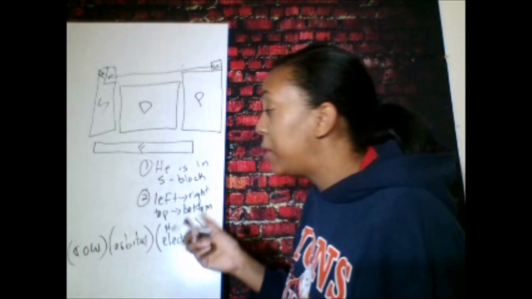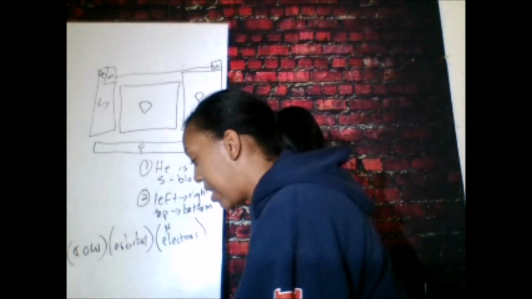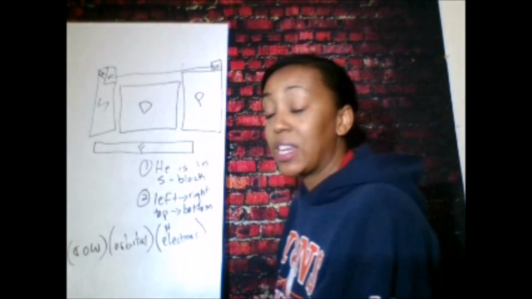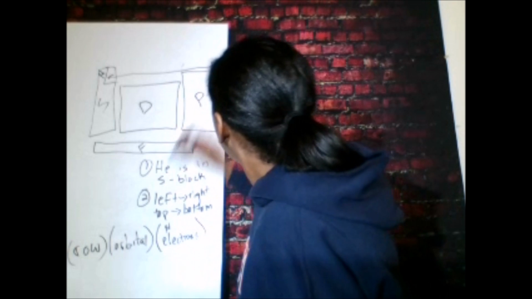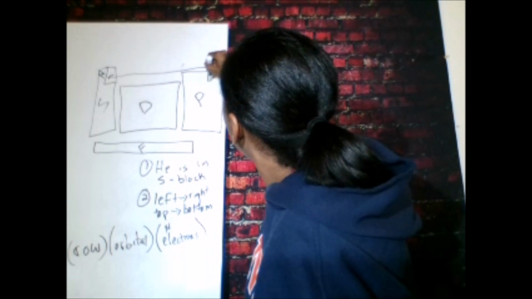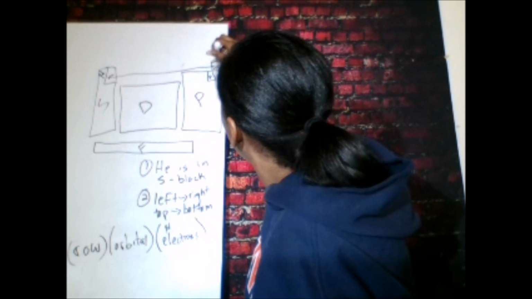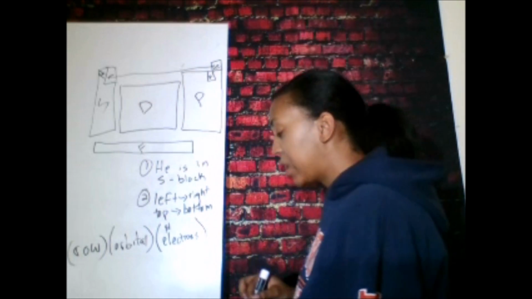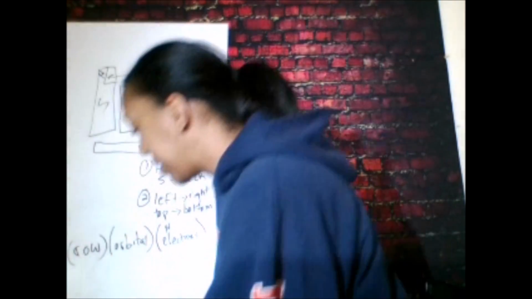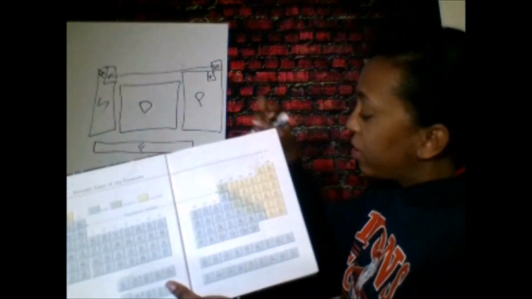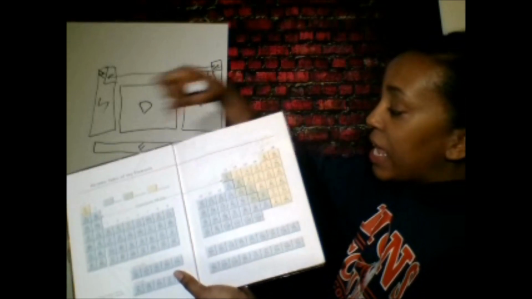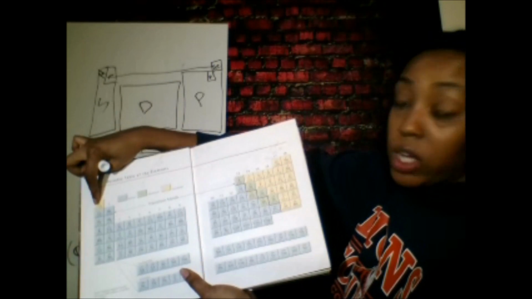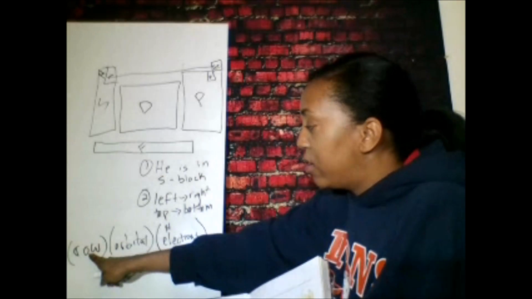So let's do it. The first example that I gave was fluorine, atomic number 9. Fluorine is about here. Now if you look on your periodic table, here we go. Fluorine is here. If we read it like a book, we can still follow this method.